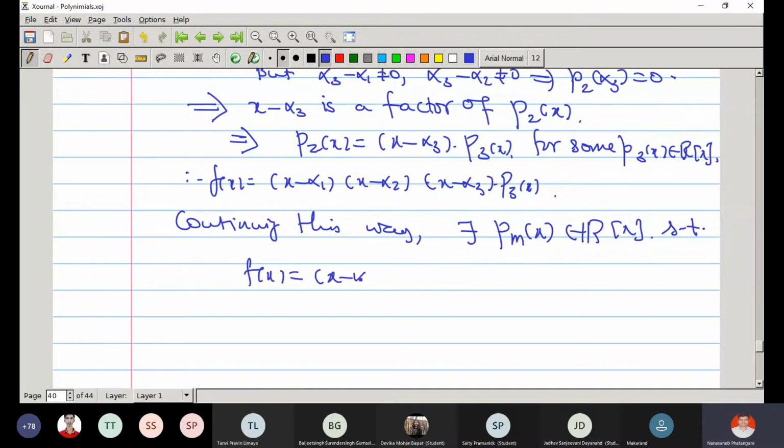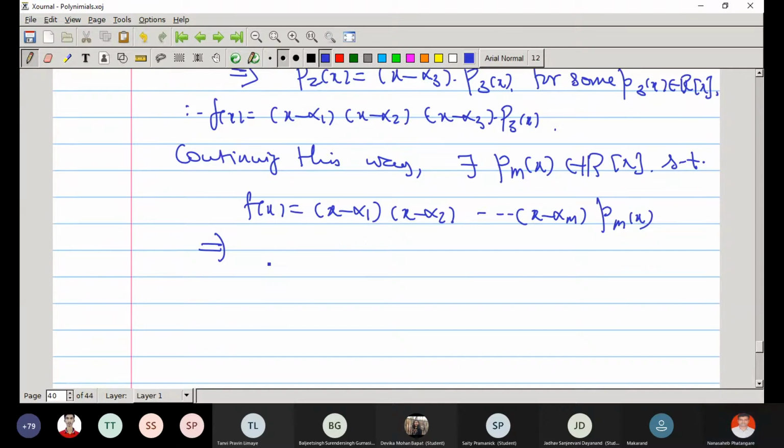And what is the conclusion? g(x) is a factor of f(x).